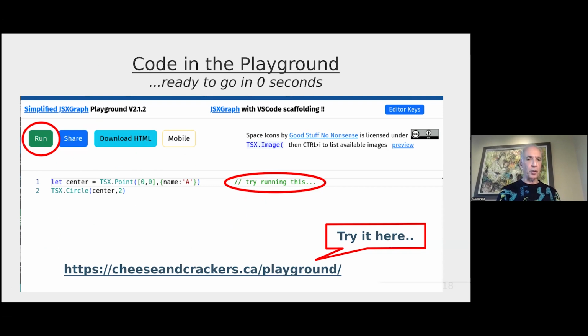This is called the Monaco editor, and it's the baby brother of VS Code. It's the engine that VS Code is written on. So all the control codes that you know in VS Code will work here. Dragging stuff up and down. There's a little help with the editor keys, but I hope you're all there trying stuff and not looking at this screen anymore. Okay. Try something in 3D.